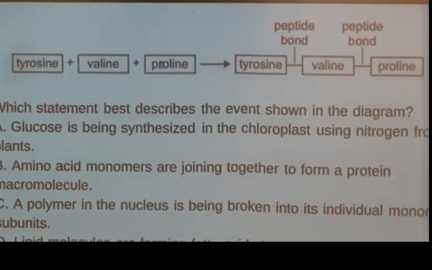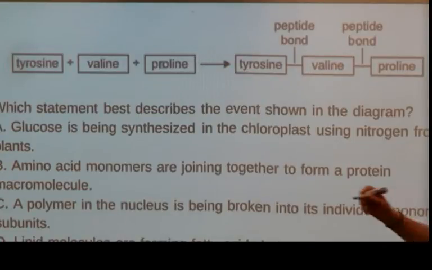For this one, it says tyrosine, valine, proline, then it has an arrow, and then it has tyrosine, with a peptide bond labeled, valine, a peptide bond labeled, and proline. I've been doing this for a long time, so I immediately know what tyrosine, valine, and proline are. But maybe you don't. Once you look at what it says on the other side, can you tell me what each of those things are?